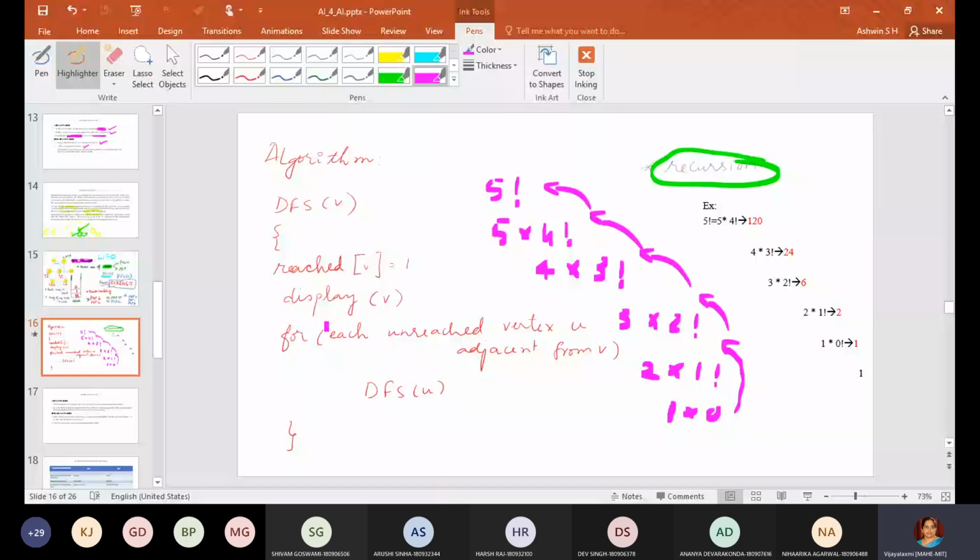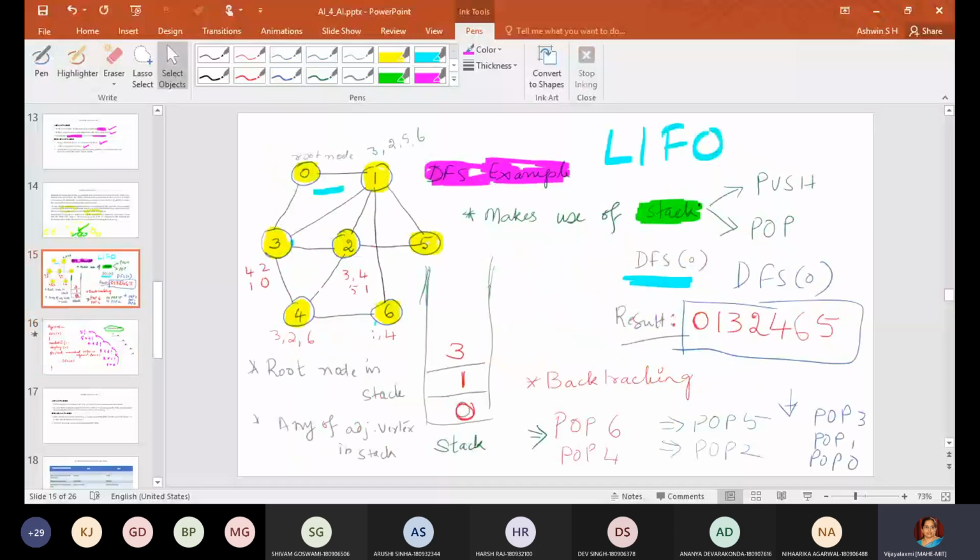I have written the algorithm. If you are not understanding, I can explain it later. Anyhow, the basic idea of DFS is simple. First, you put the root node in the stack.